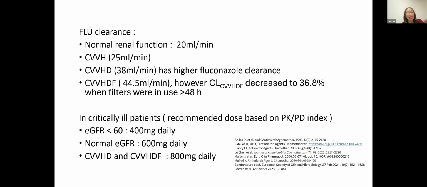So in fact, in critically ill patients, quite a number of reports mention that, based on PK/PD calculations, even in patients with normal renal function, because of the augmented renal clearance in critically ill patients, you probably have to consider a higher dose of fluconazole.